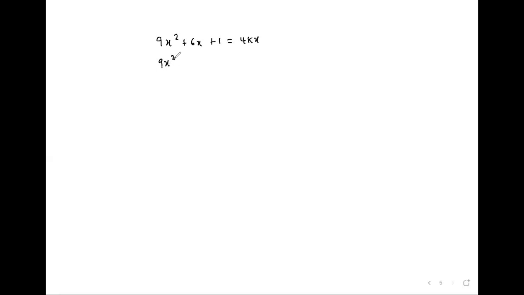We wrote this as 9x squared plus 6 minus 4k x plus 1 is 0. So this is A, this is B, this is C.